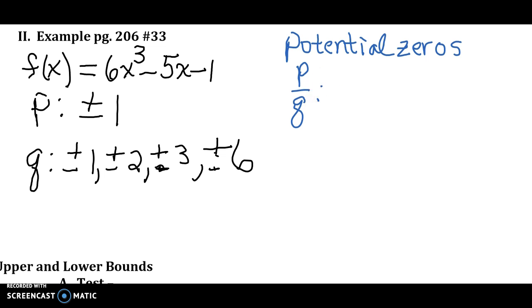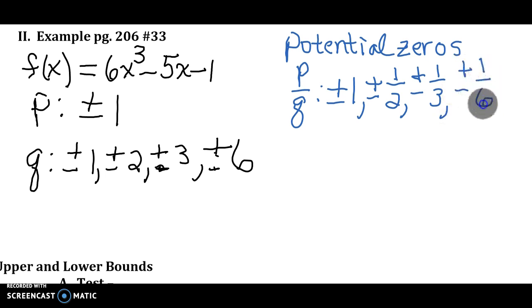So we're going to have plus or minus 1, then plus or minus 1/2, plus or minus 1/3, and plus or minus 1/6. So those are all our possible zeros.